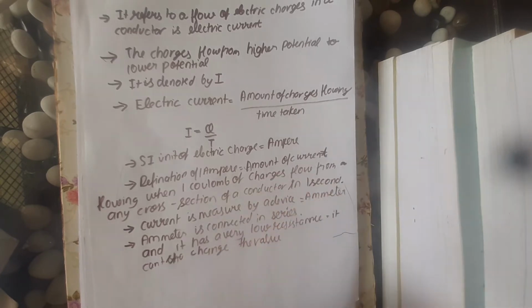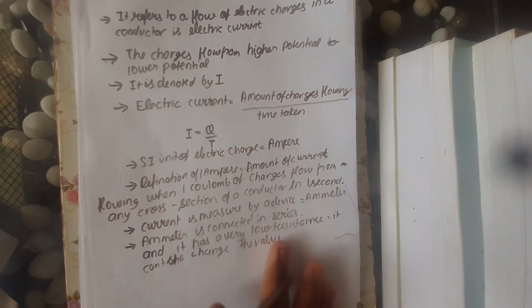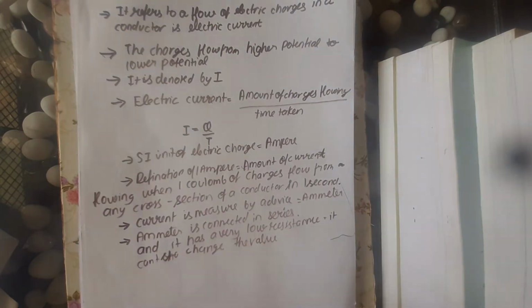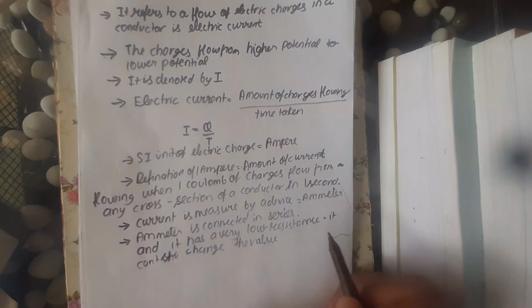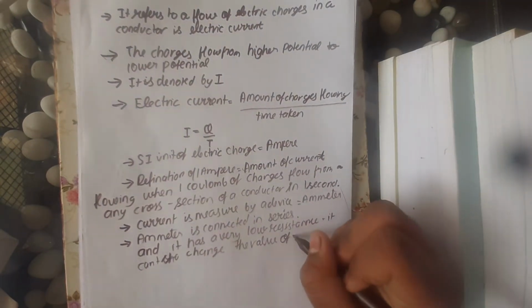For instance, if an ammeter had a lot of resistance like a voltmeter, then the current might not flow at all, and the reading on the ammeter would always be zero. So it becomes absolutely useless for us. The ammeter's resistance should be very low and the voltmeter's resistance should be very high, and by this their usability increases. So the ammeter has a very low resistance, and by this it can't change the value of the electric current.